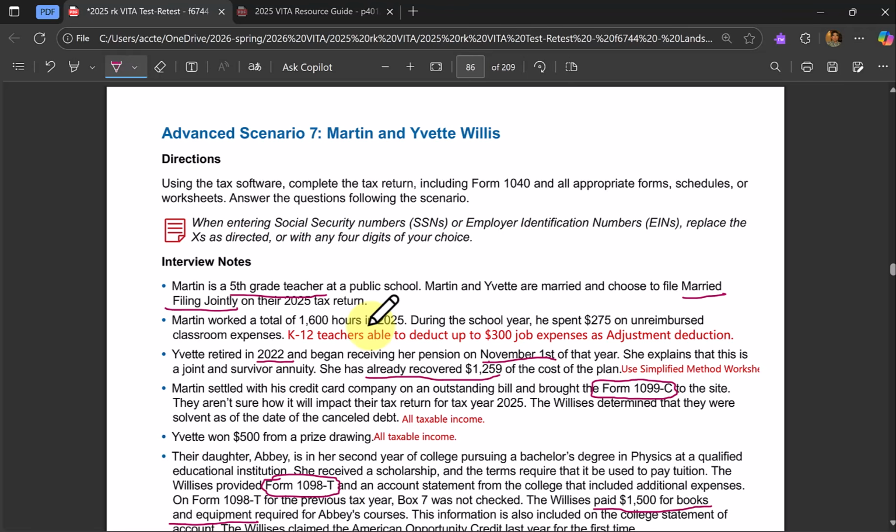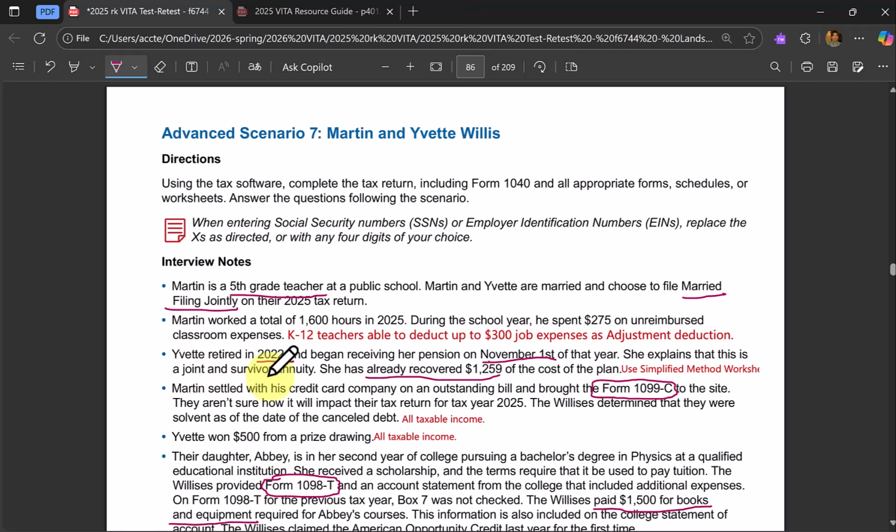So teachers from K to 12 can claim a special deduction for any kind of supplies they use in their classrooms or even costs for professional development for their teaching jobs, up to $300. In this case, Martin only spent $275. So we need to eventually find a place in the input area of the tax software to enter that $275.